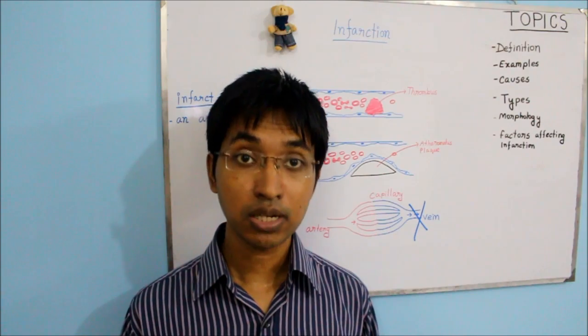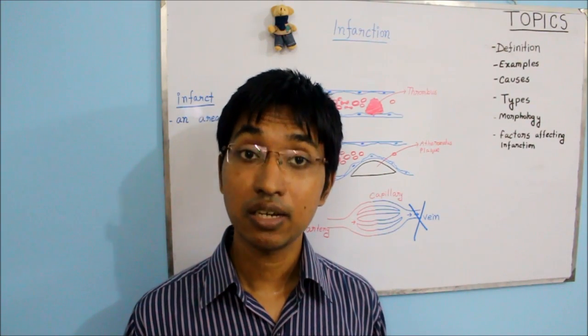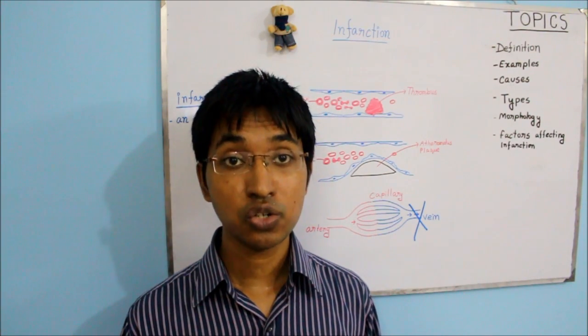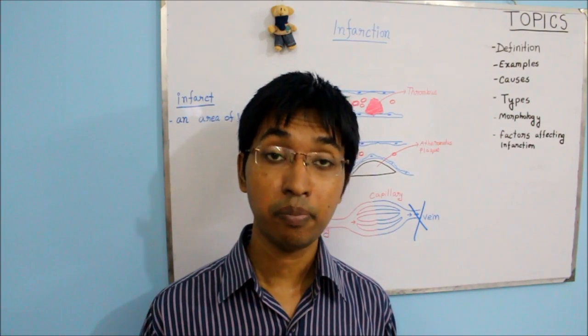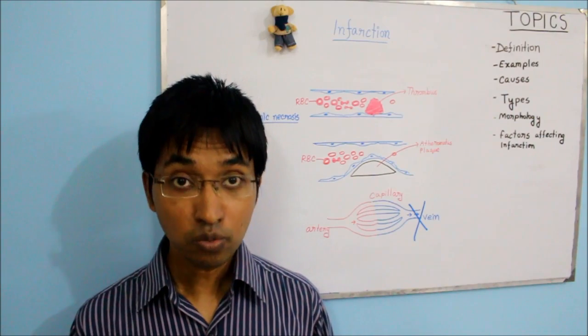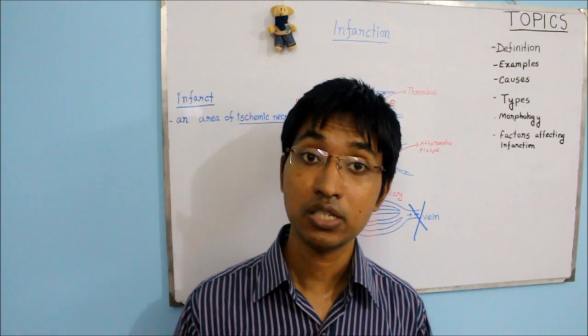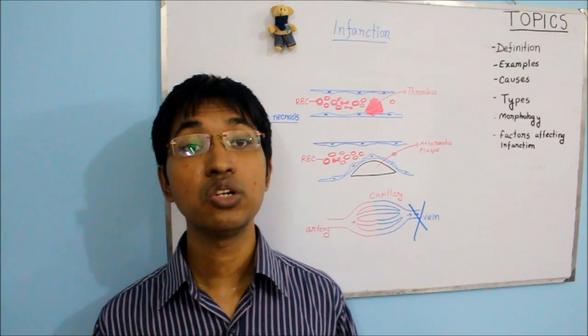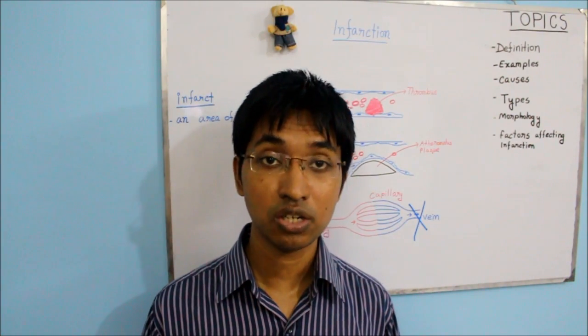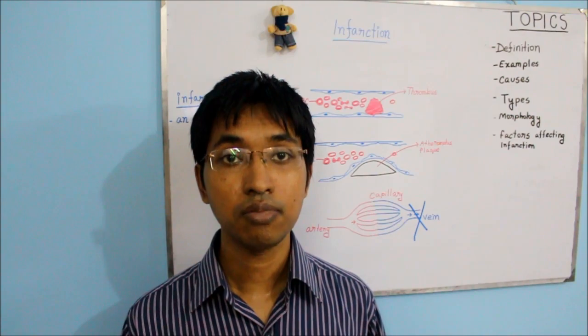Those four muscles include tibialis anterior, extensor digitorum longus, extensor hallucis longus, and peroneus tertius. So that increased pressure will compress the vessels that supply these four muscles, and that will later result in infarction in these four muscles.